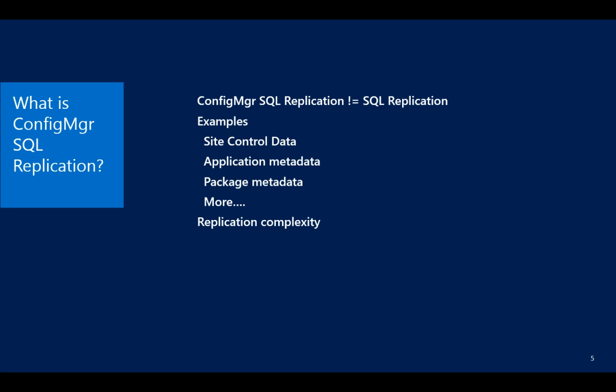In terms of complexity, how replication works is a pretty complex system, right? The good news is that it generally works really, really well. There's a lot of redundancy built into the engine for Config Manager SQL Replication, and there are a lot of checks where we'll go repair things if something is wrong. But occasionally it will break, right?